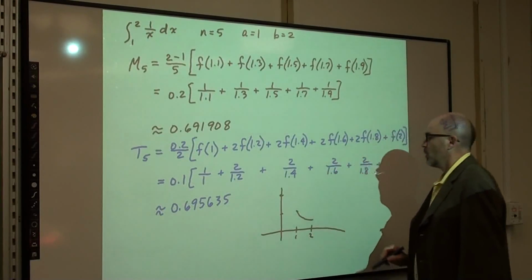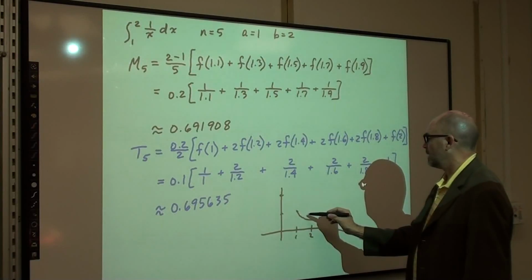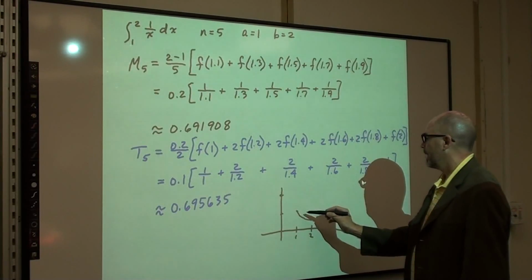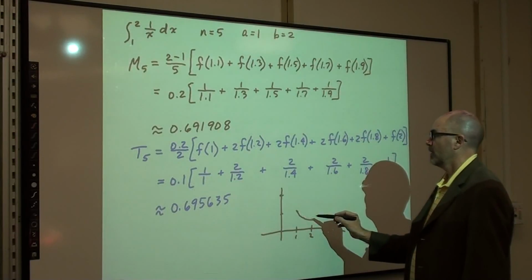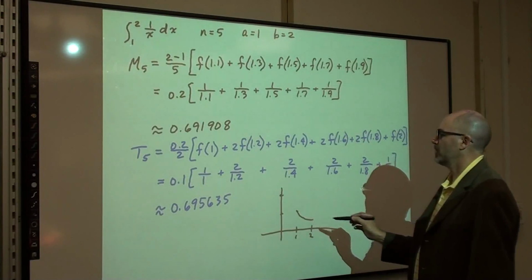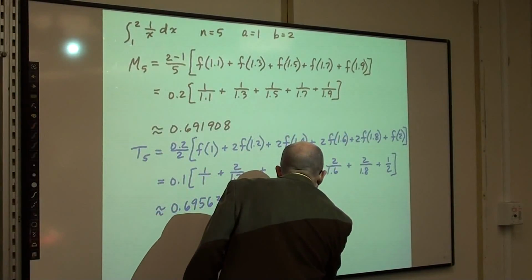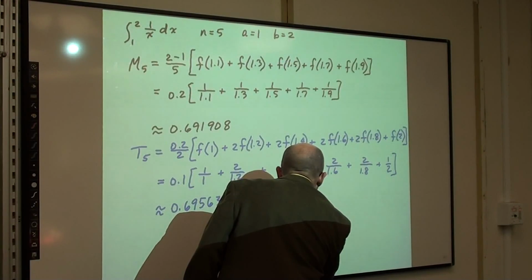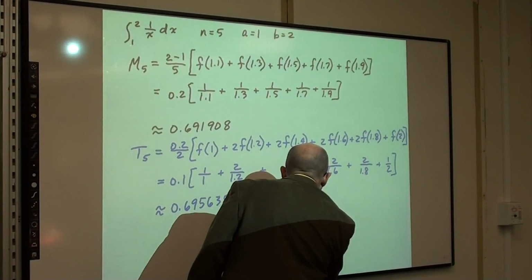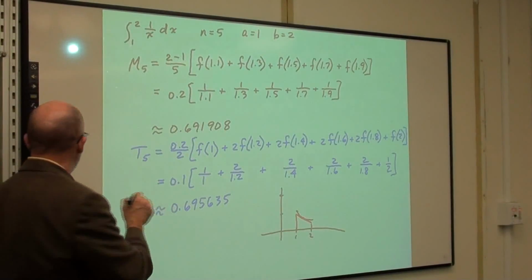Okay, so now the midpoint approximation is going to be slightly above. No, I'm sorry, slightly below. Midpoint approximation goes like this. So the red is the midpoint, and that's going to be slightly below the curve.